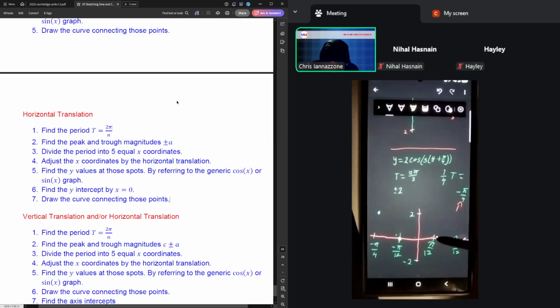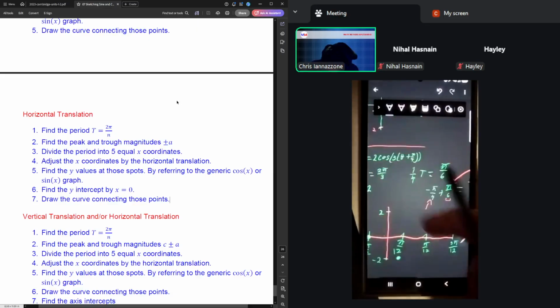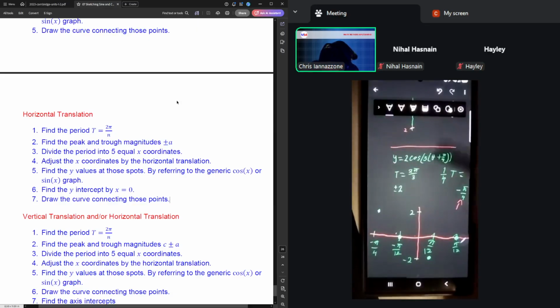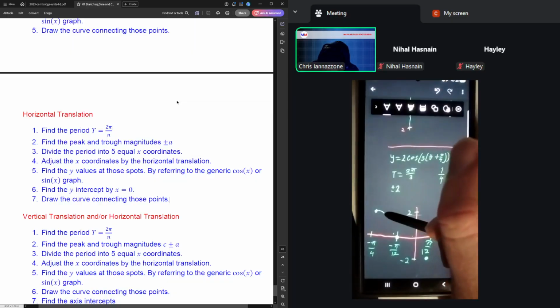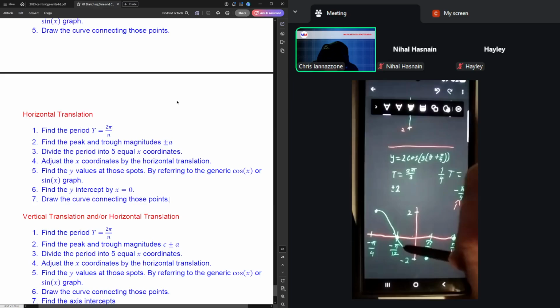Then there should be a trough at the next thing, so we do that. Then a middle, and then finally the peak again. Cos graphs tend to always look like V's. Try not to actually draw it as a V. Try to give it some curve.